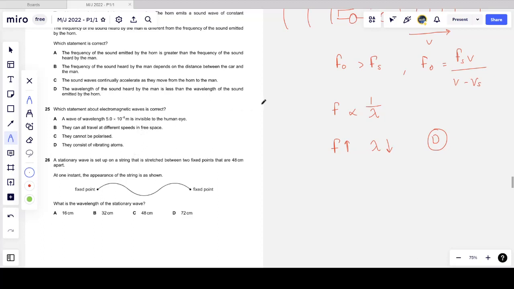Well, what we know is that the wavelength of observable light is between 400 and 700 nanometers. And so maybe I'll just write this down.